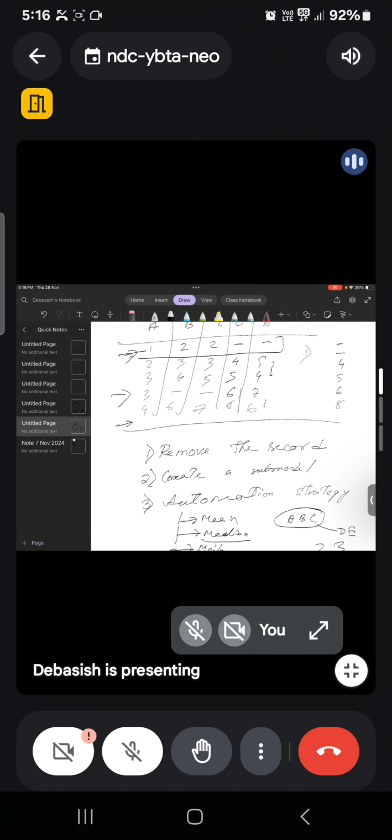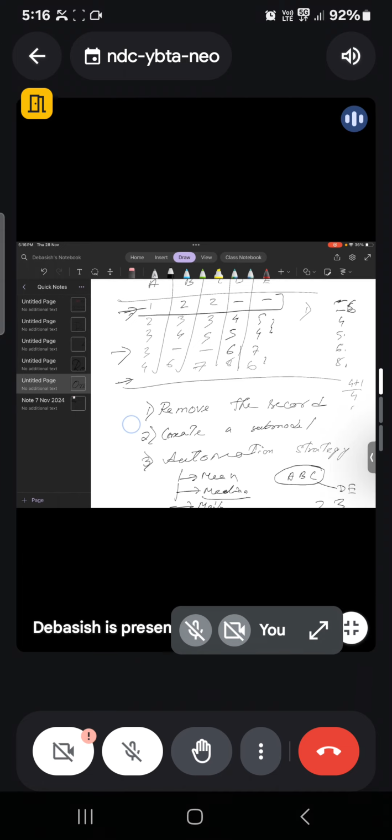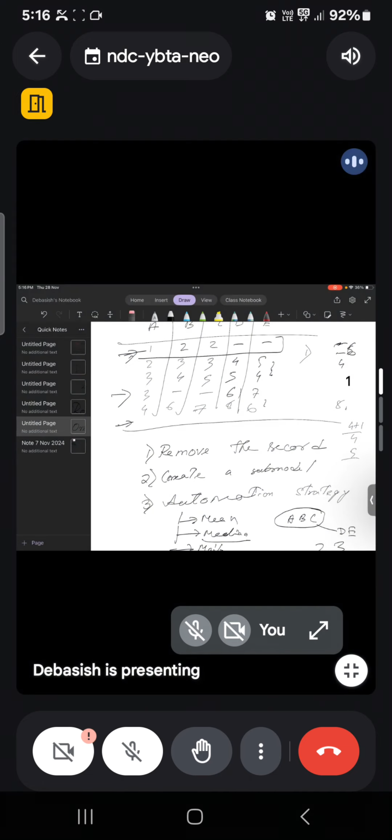Here n is an even number, so you just take 5 or 6, any of these. n is 4, so (4 plus 1) divided by 2, that is 5 by 2, basically 2.5, so you can take 5. So you just calculate the median, find out the median.